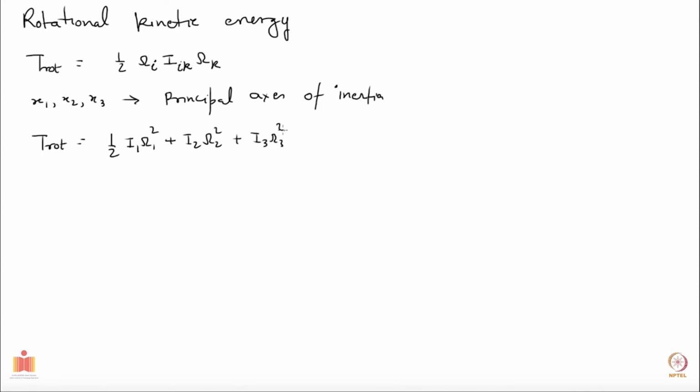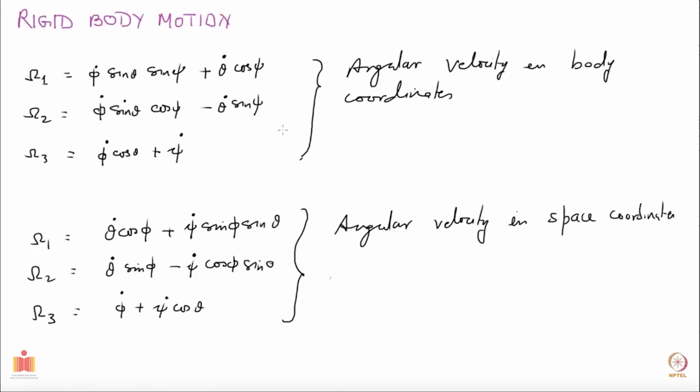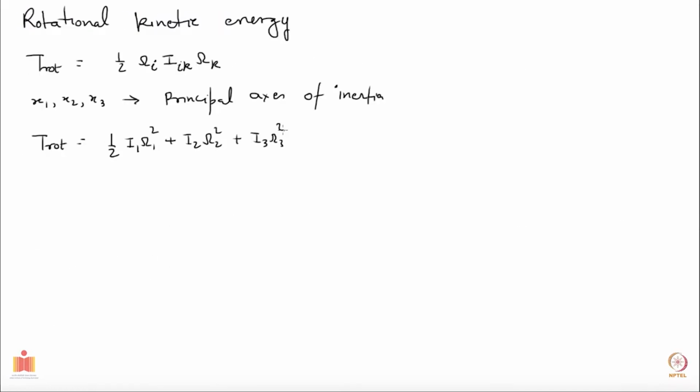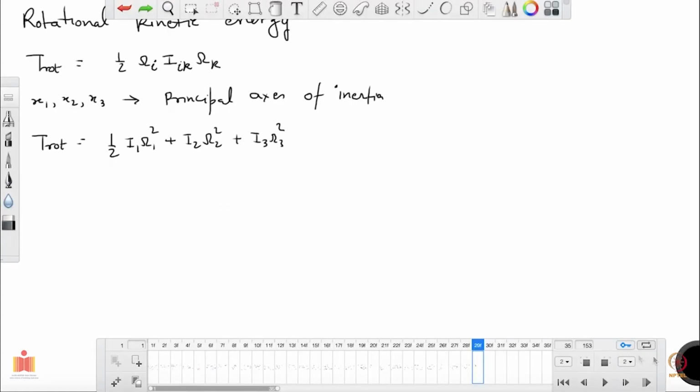We have already found omega 1, omega 2 and omega 3 in terms of our Euler angles. So we may want to write down the rotational kinetic energy for, let's say, a symmetric top in terms of the Euler angles. So I give you a small exercise. It's fairly trivial. At some point I said that I will use green color for exercises.